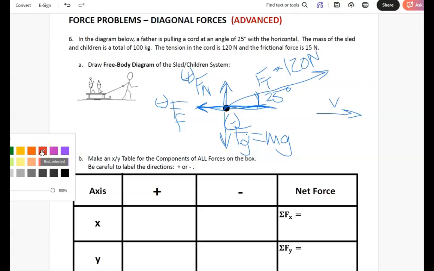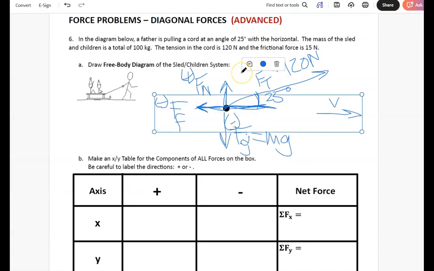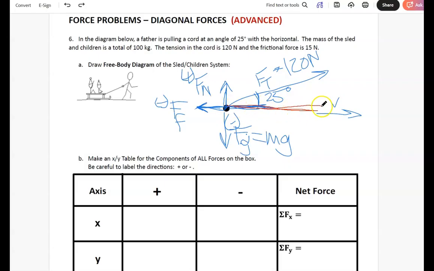All right. Now, what you have to realize here is that you can't directly analyze a diagonal force like this tension force. You have to break it up into components. So we have to determine the value of the horizontal component of that tension force and the vertical component of that tension force. We have two components.